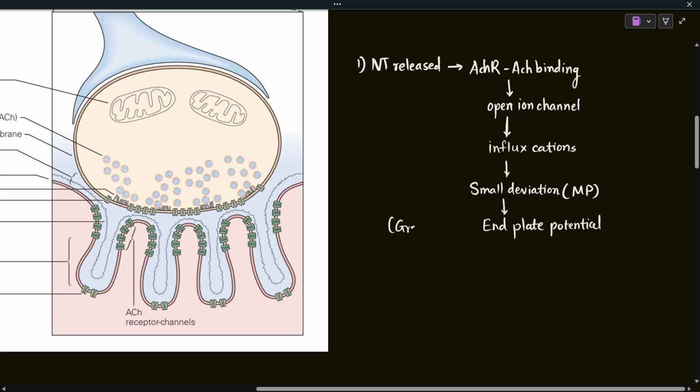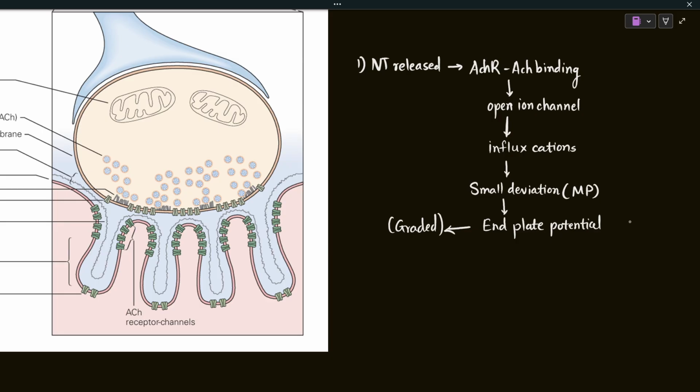This is a graded potential because it can be summed, depending on how many acetylcholine receptors, how many ion channels, are opening. Depending on that, the amplitude of this potential changes, and that is why it is a graded potential.